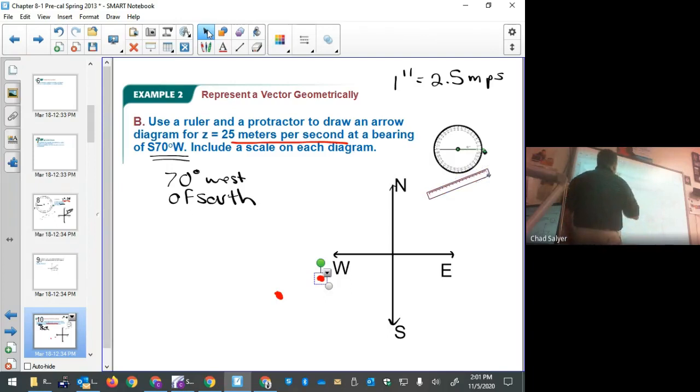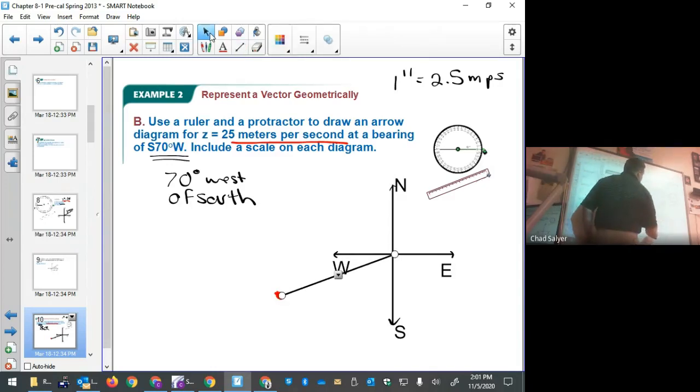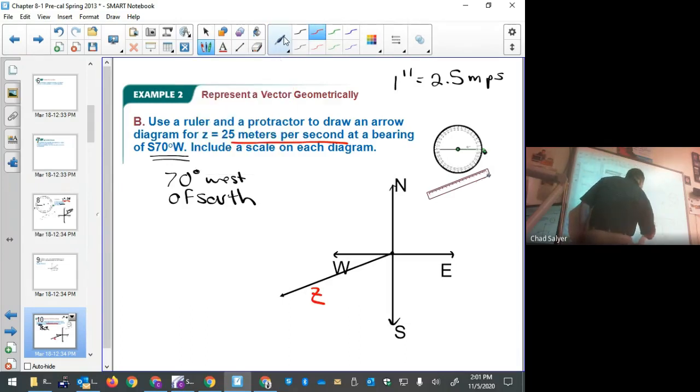So we don't need that one anymore. Clean up this a little bit. Calibration is always ever so slightly off on these. Don't need that anymore. So that's our vector z, and it is 25 meters per second.